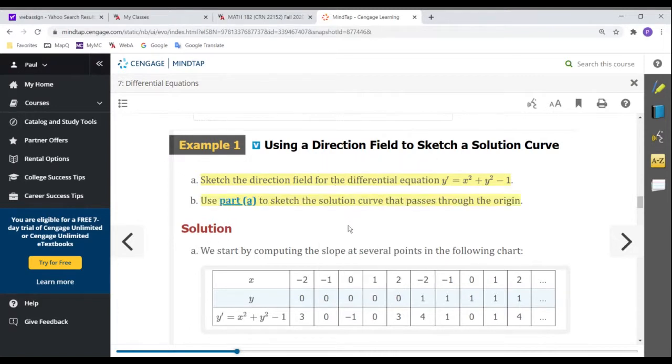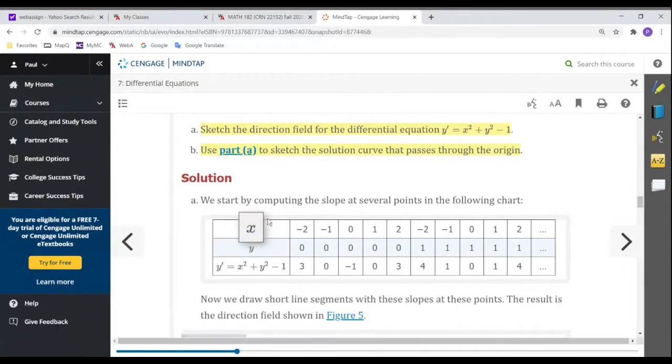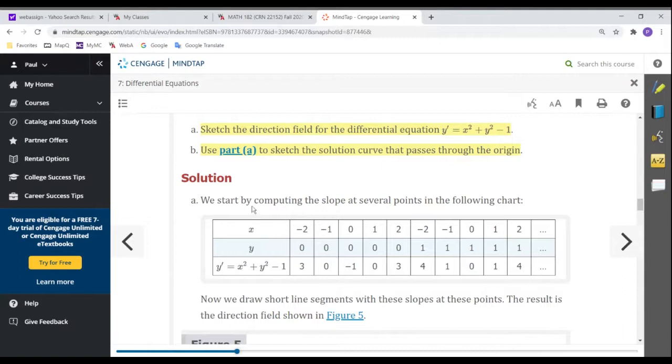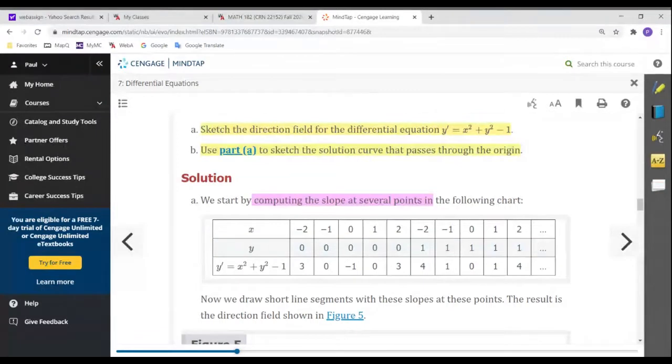So, how are we going to sketch a direction field? Well, you got to pick some xy coordinates, and that's what they've done, as you can see in this table here. They start by computing the slope at several points in the following charts.